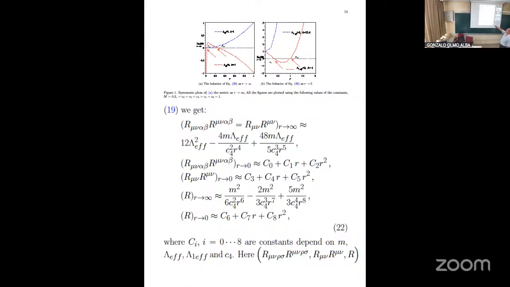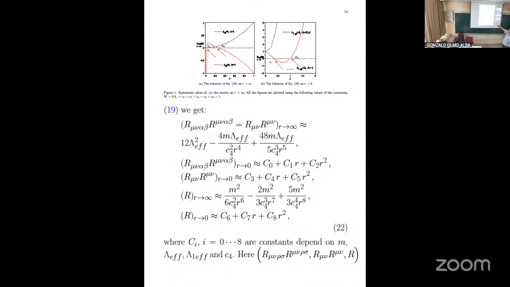As we see, this is the form for large r, where we have two horizons for lambda less than 0, and for lambda greater than 0 we have no horizons, which is the blue one.